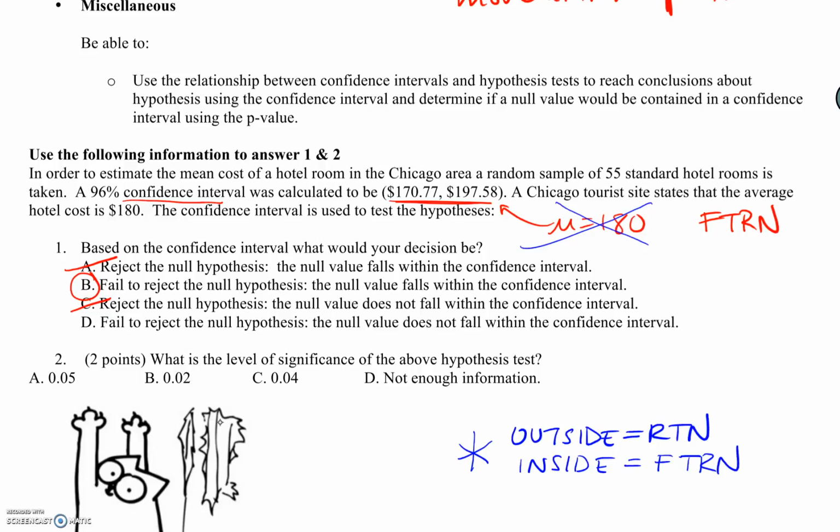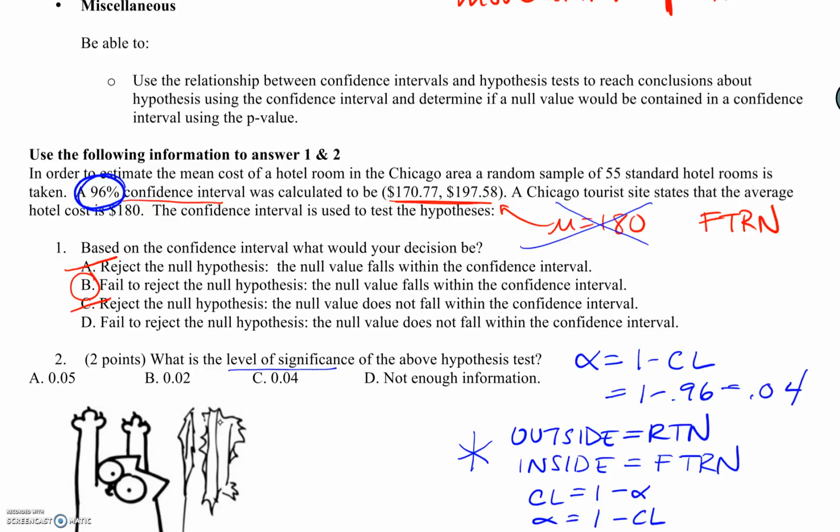And then there's this one last piece here, and that's that our confidence level and our alpha level are complements of one another. So in this case, we know we have a 96% confidence interval. If we want to find our level of significance, which is our alpha, I just need to figure out what the complement of that is. So 1 minus 0.96 is 0.04, or 4%.